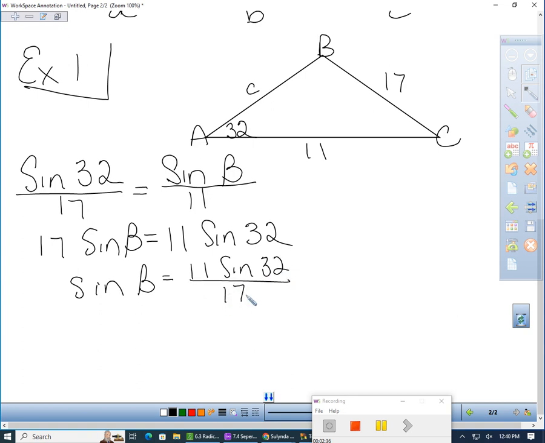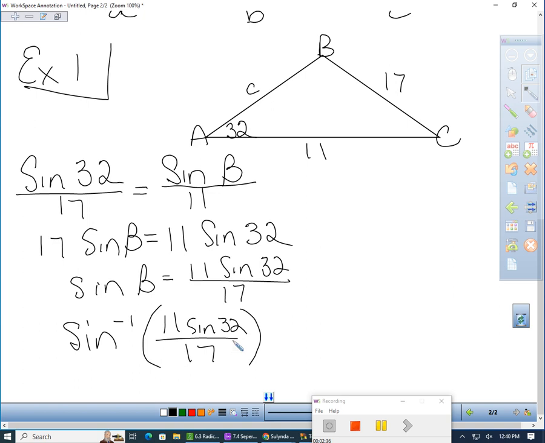And then what do you have to put in your calculator in order to find the angle? The arc sine, sine inverse, right? So you're going to type in your calculator, you're going to use this button, and you're going to fill in that parenthesis behind it with 11 sine 32 divided by 17. What does your calculator need to be set in?